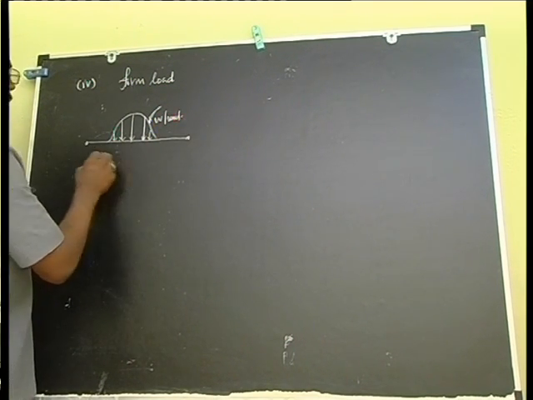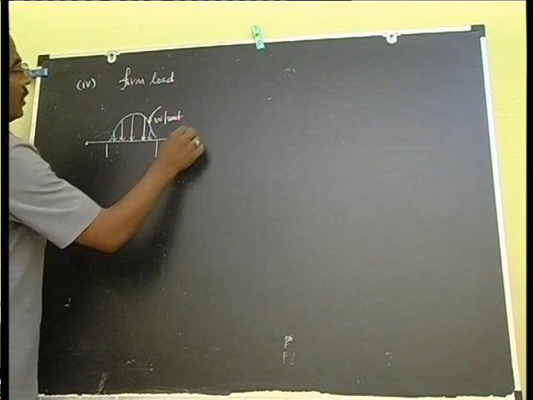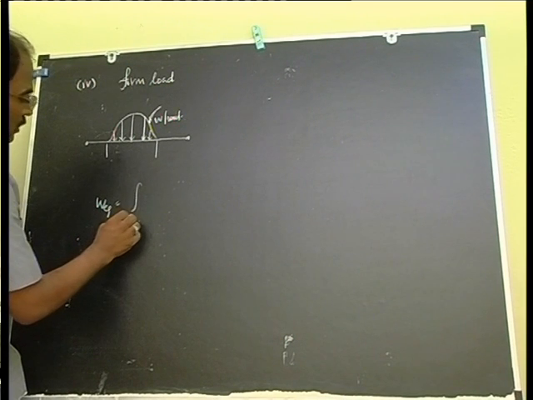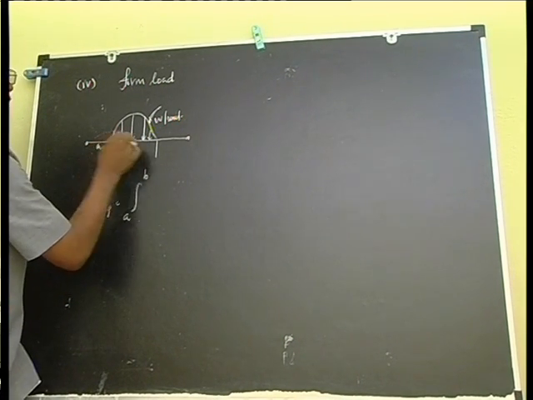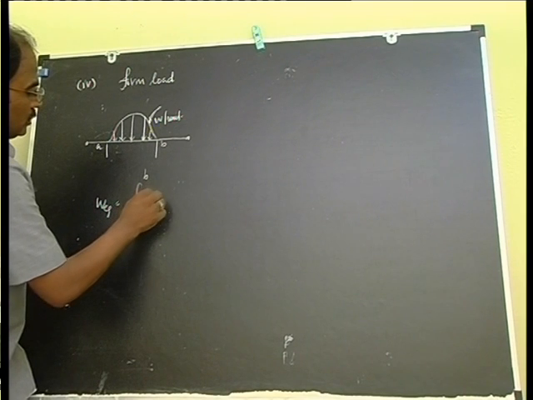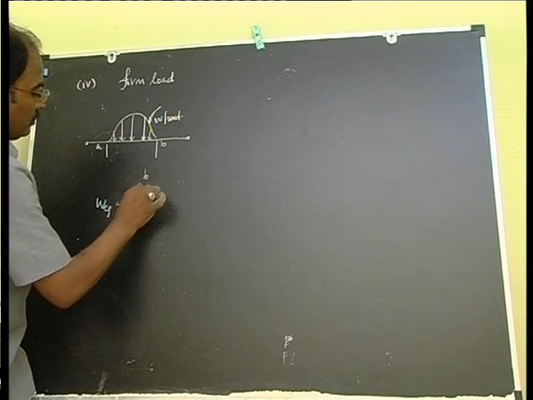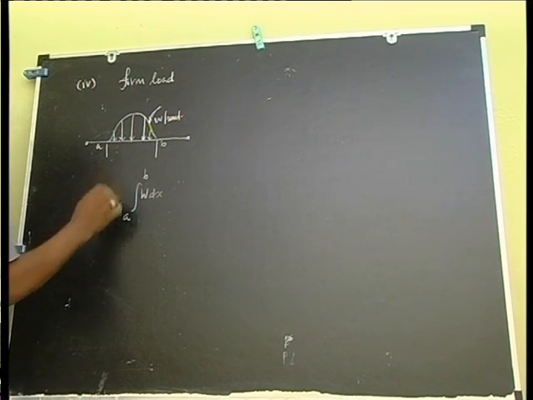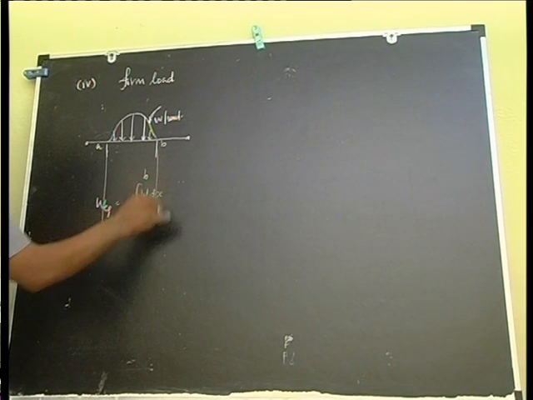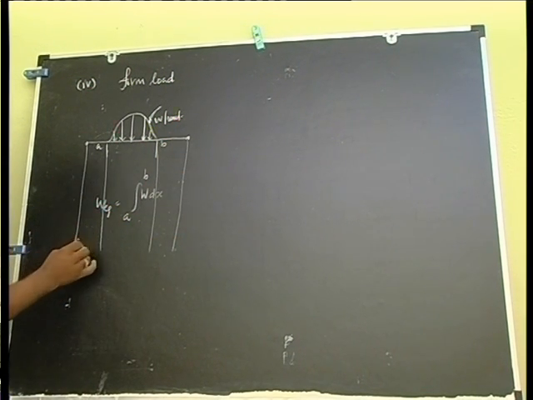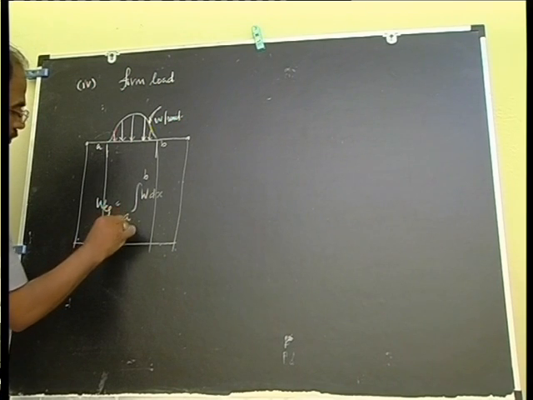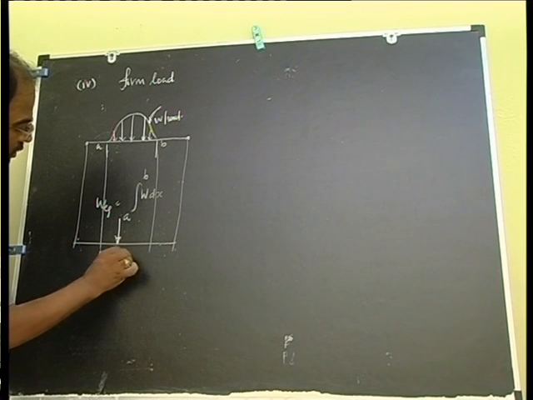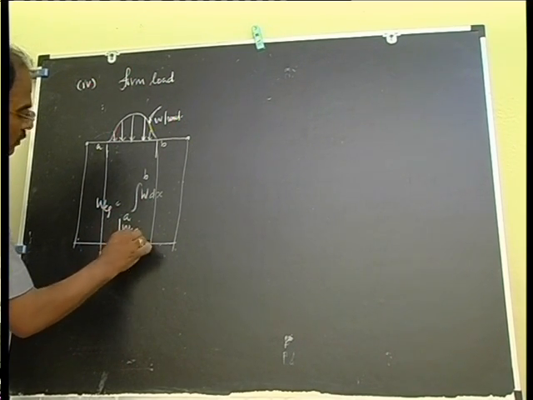So this W equivalent can be calculated as the area, the integral from A to B of W dx. Then the form load acts at the x bar value. So the corresponding x bar value has to be calculated before applying the form load.